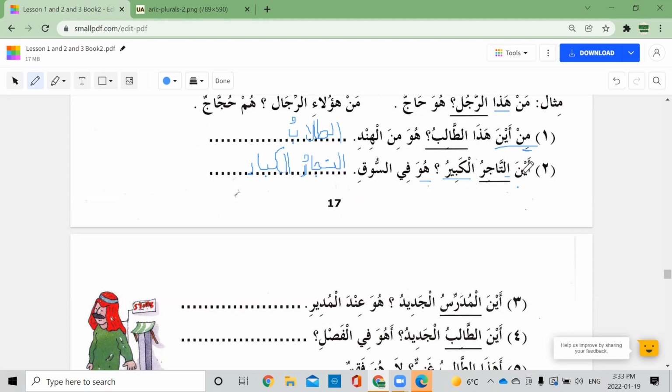Here it's just singular, so where is the big merchant? Hum fisuqi. He is in the market. So if it's huwa, then it's he. Huwa fi suqi. And when we change it to hum, it will be they. They are in the market.